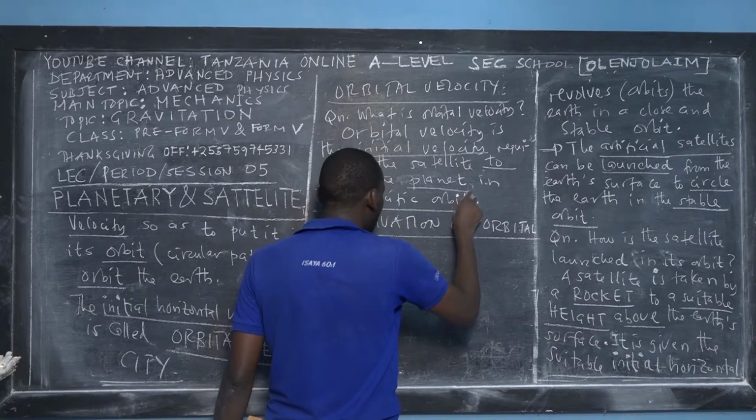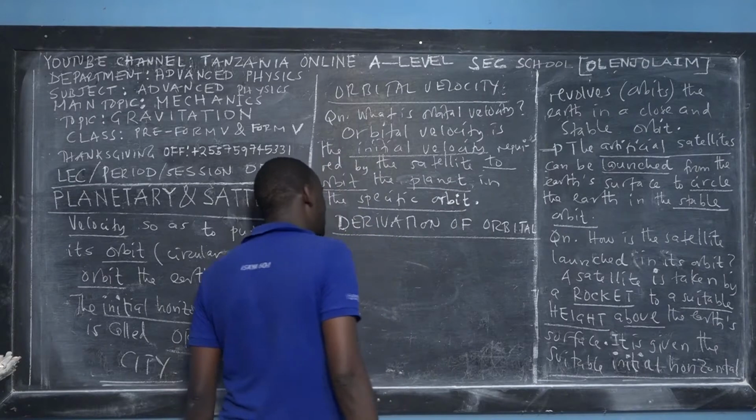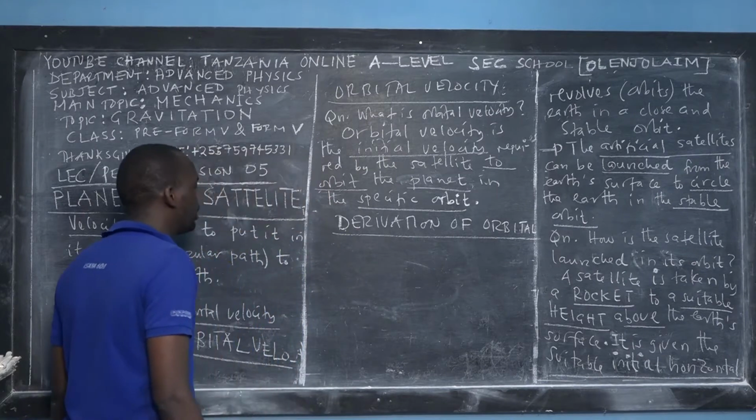If the satellite is revolving around the Earth in a very close orbit, then the orbital velocity will be known.